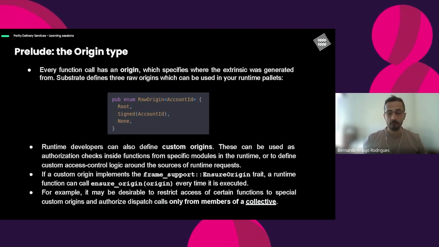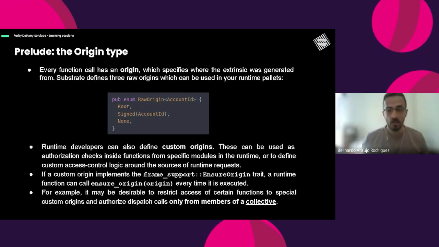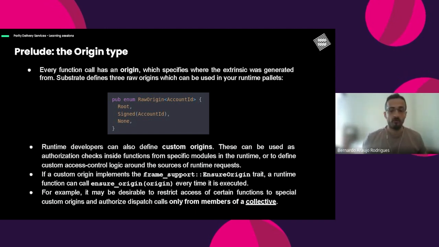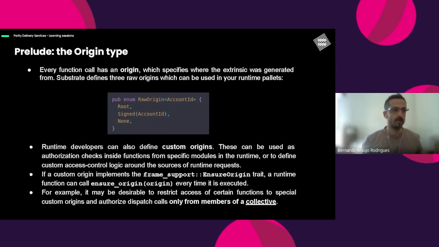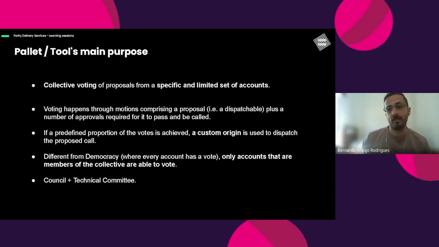And so it might be desirable to restrict access for certain functions and authorize dispatch calls only for members of a collective. So that's when we start to form the idea of a collective. The collective pallet's main purpose is collective voting of proposals from a specific and limited set of accounts.